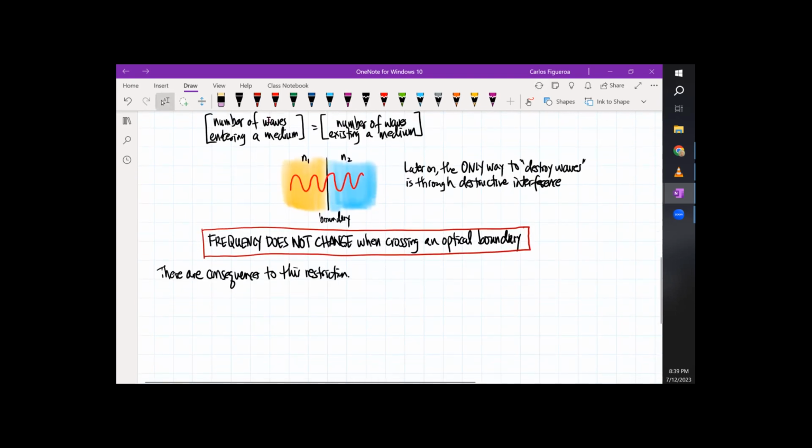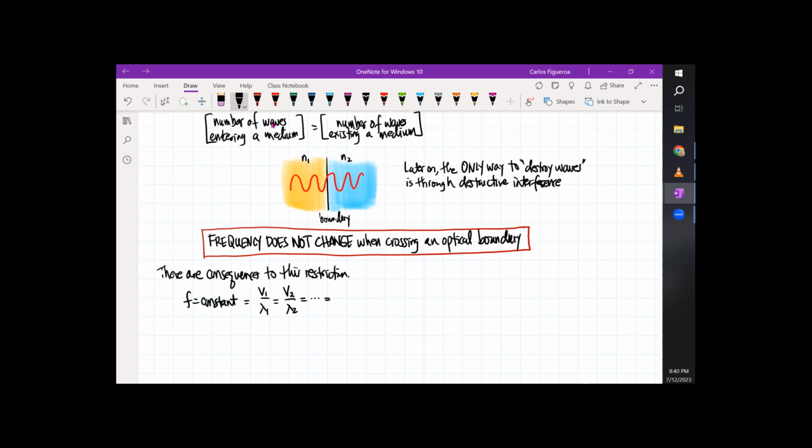If the frequency across a boundary is constant, then regardless of what happens when you cross a boundary, according to the definition, the ratio of apparent speed to wavelength must be the same no matter how many boundaries you cross.